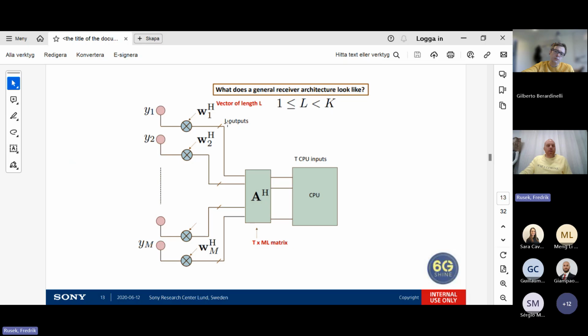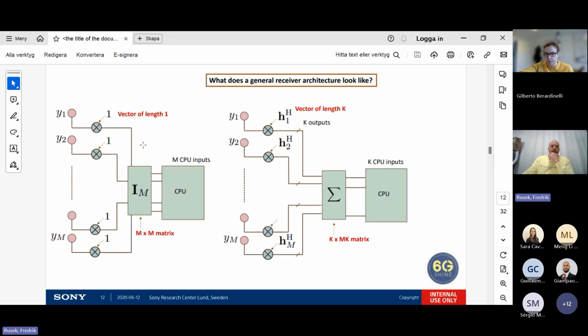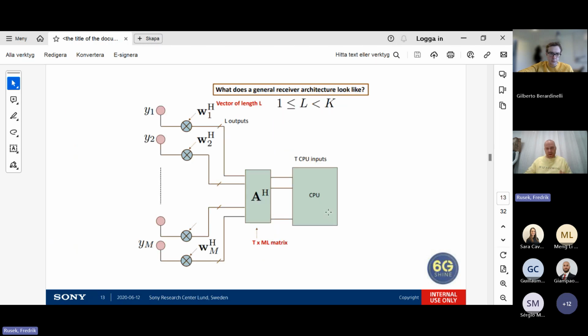So then we have a design parameter, this L: how many outputs do we have per antenna? And we can specify this L. Then, instead of an identity matrix or a summation matrix, I can have an arbitrary matrix A, and I call it A Hermitian for reasons that will be clear a little later.